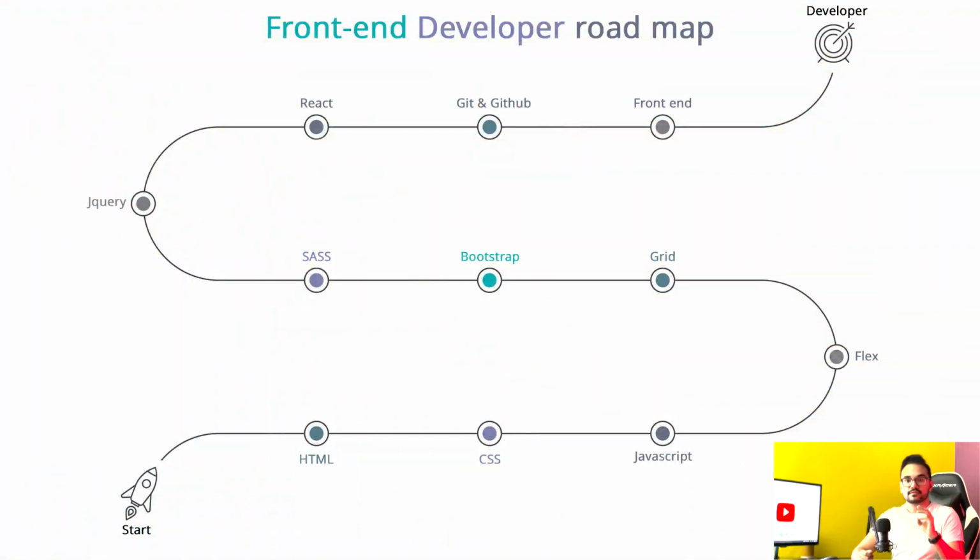For front-end development, you need HTML, CSS, JavaScript, Flexbox and CSS scripting methods, and after that a framework for HTML and CSS like Bootstrap that lets you code faster.